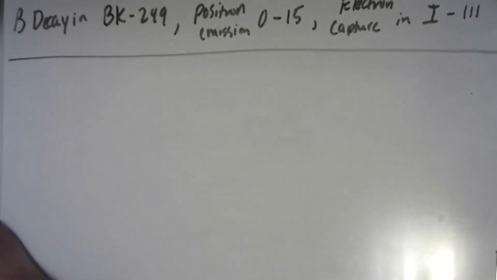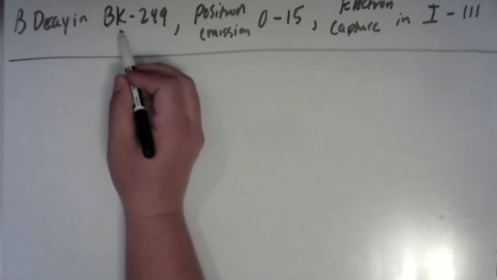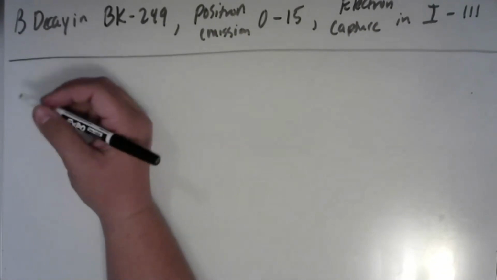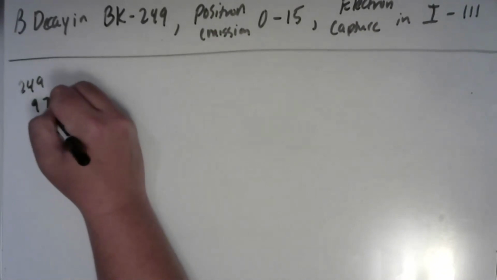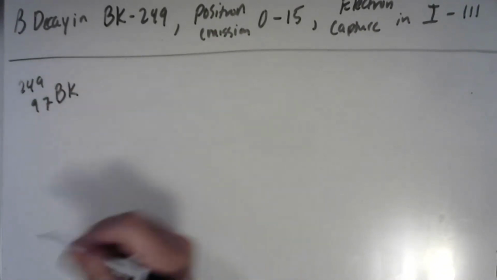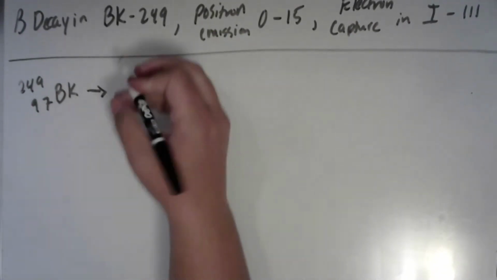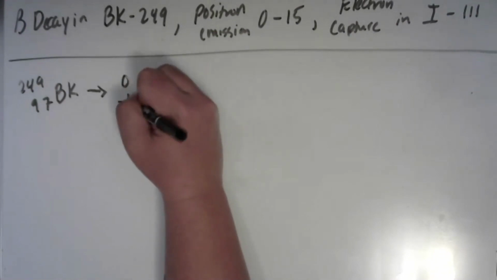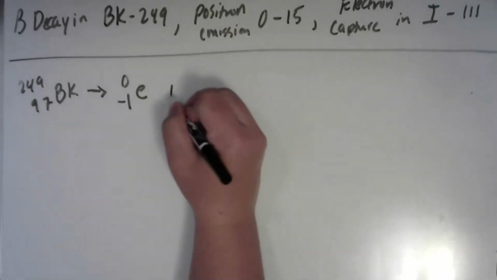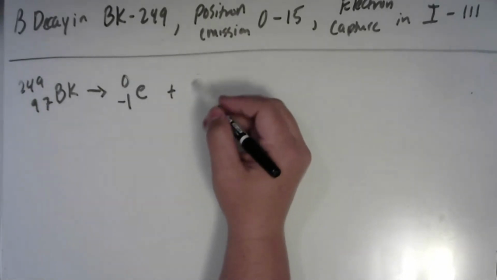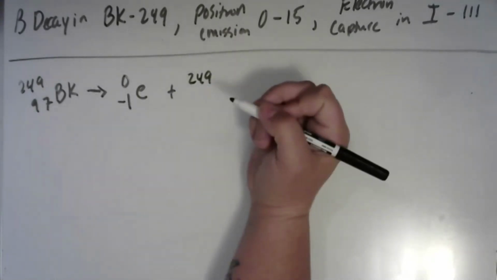All right. So first, our beta decay. We'll look up the berkelium on the periodic table. It's atomic number 97, so we can write out our isotope notation here. Okay, and we know that it's going to be losing a beta particle, which is going to be 0 and -1. Okay, so my superscript up here is going to be easy because 249, 0 means that this is going to be 249 still.